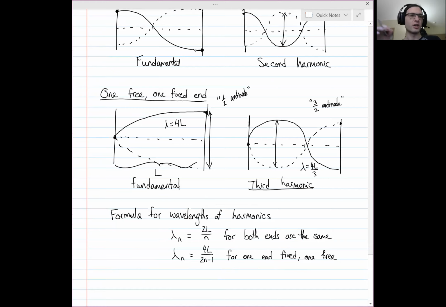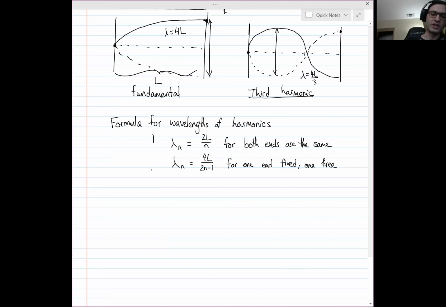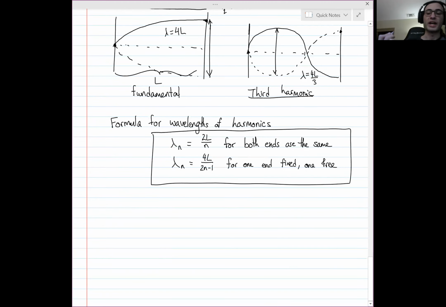There is a caveat here in this formula because I haven't really told you what n means.